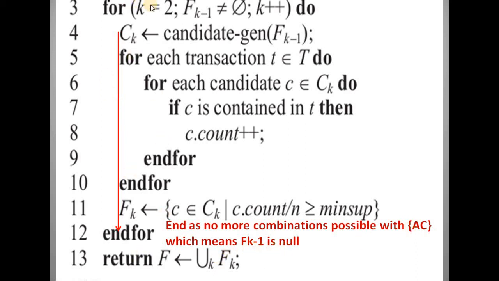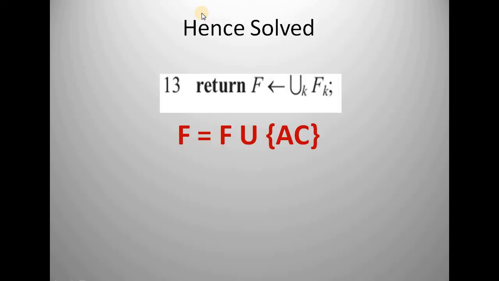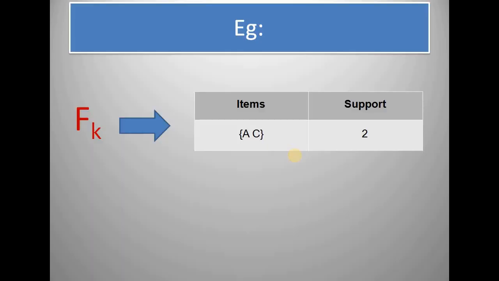So this process has to continue. This candidate generation function has to continue until we get a combination which could not be further combined. So we combine AC to this. Now no more AC could be combined, and that is how we generate the algorithm. So thank you. Hope it is clear.